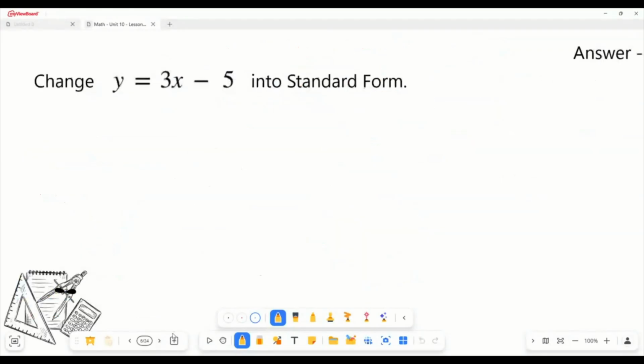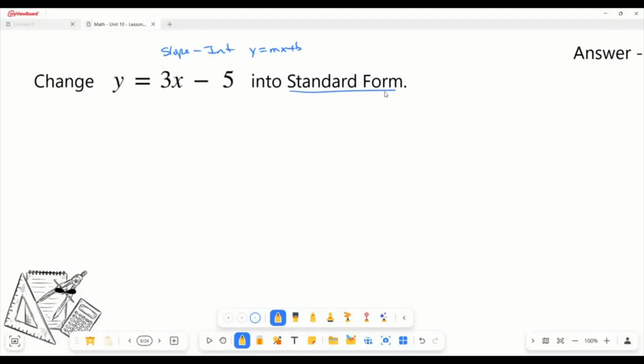So let's look at another example. This is in slope-intercept because it's y equals mx plus b. 3 is the slope. The point 0, -5 is the intercept.